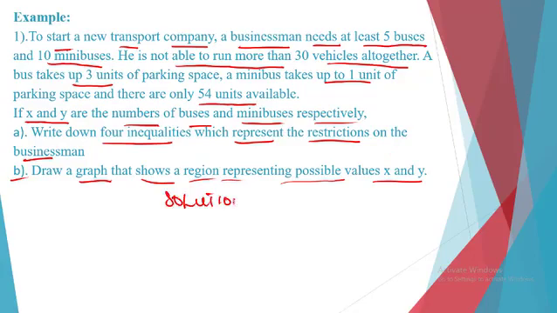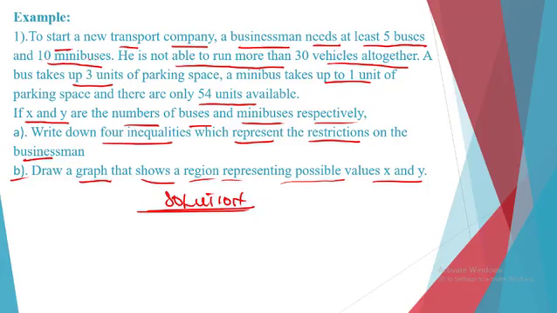I told us that whenever we are dealing with word problems in mathematics, the first thing we need to do is to understand the question properly, and then we can solve it. From the first sentence, to start a new transport company, a businessman needs at least 5 buses and 10 minibuses.